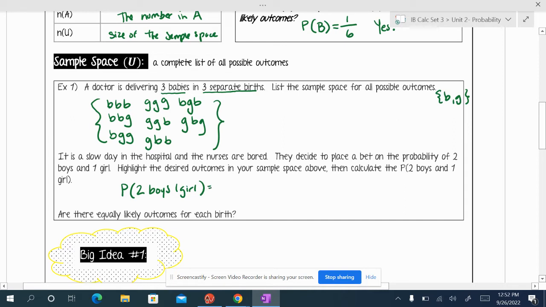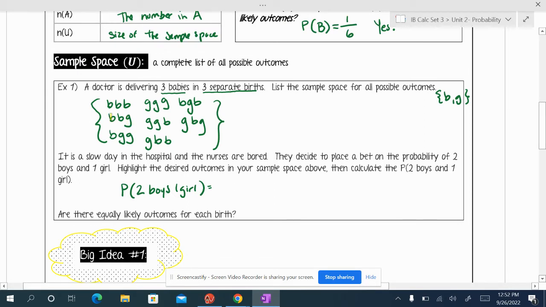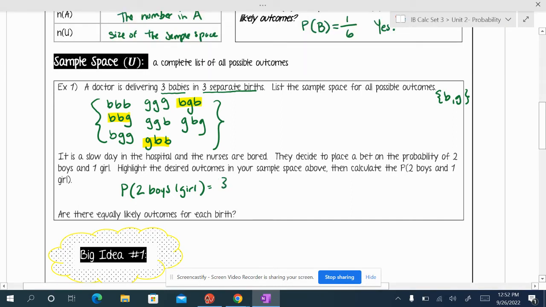Let's try to find the number of times that happens, right? So the NA. 2 boys, 1 girl, 2 boys, 1 girl. That's going to be happening 3 times out of however many things are in the sample space: 1, 2, 3, 4, 5, 6, 7, 8.